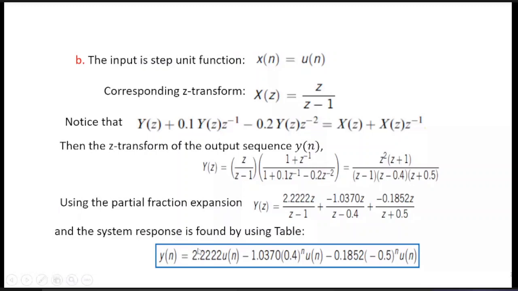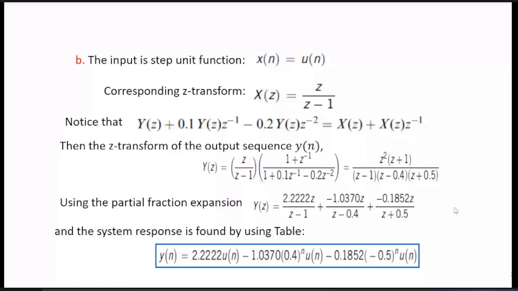So we get 2 u(n) minus 1.0370 times 0.4 to the power n u(n) and minus 0.5 to the power n u(n). This is the very easy method. No need to go through the big process of finding homogeneous and particular solutions. Here the easy method is that we use the z transform, apply the partial fraction method, and after that the inverse z transform. That is the simple steps.